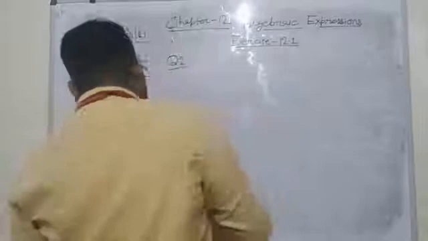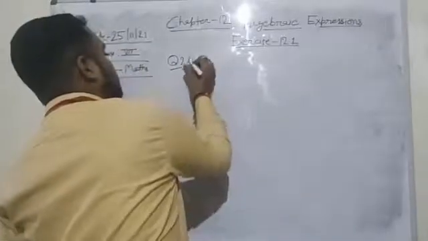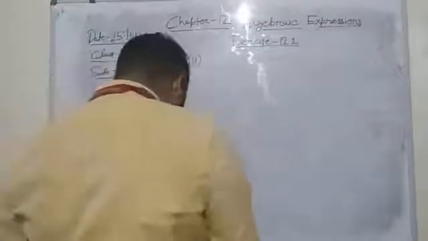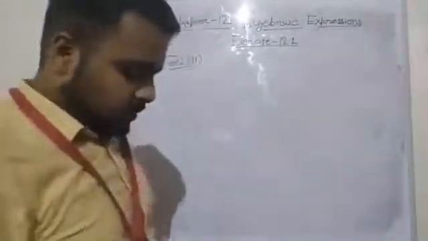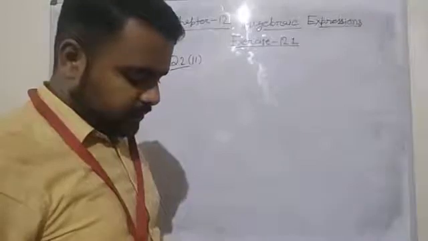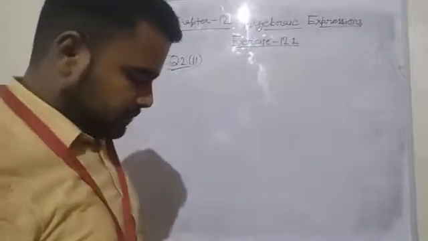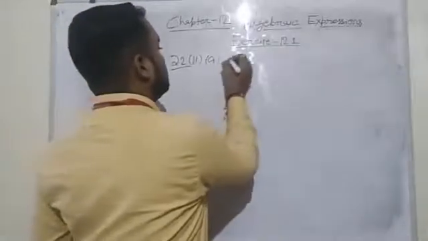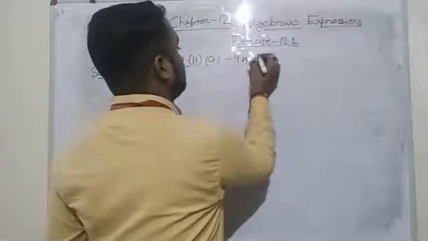Now question number 2, second part. We have to write the terms and factors of the given expressions below. Okay. So for the first, minus 4x plus 5.